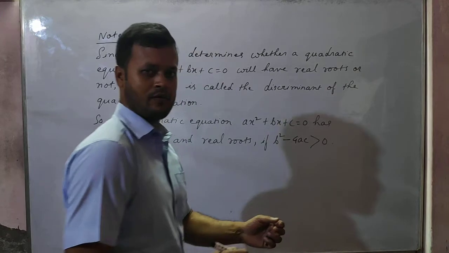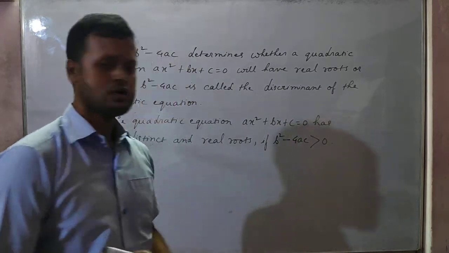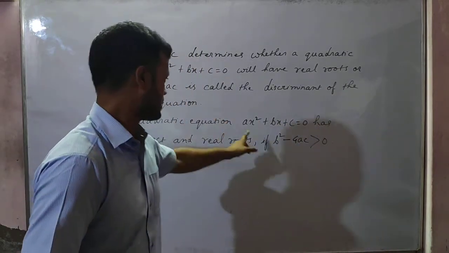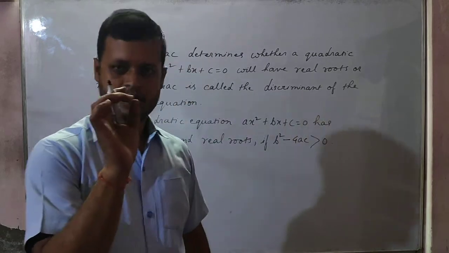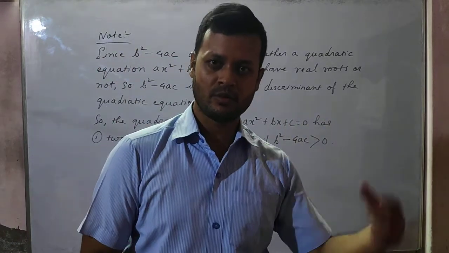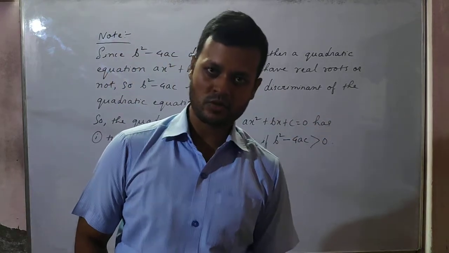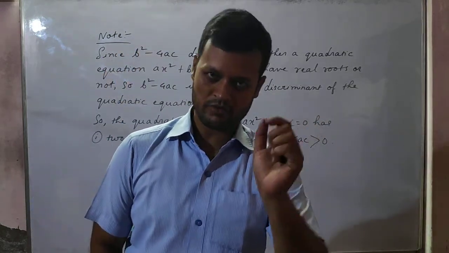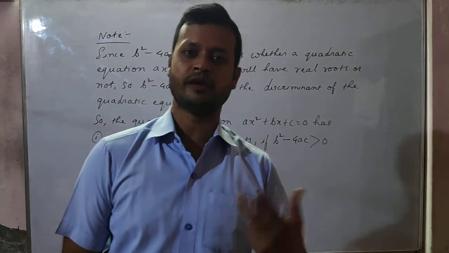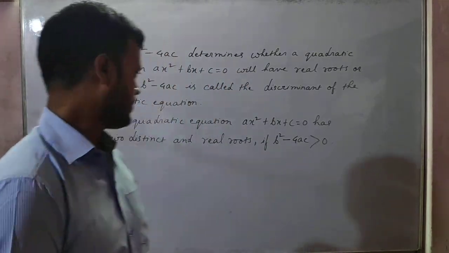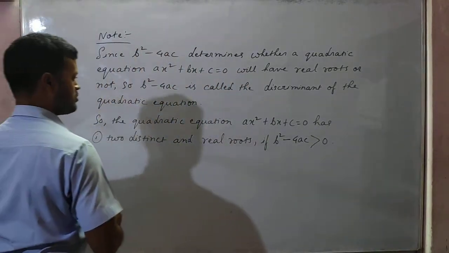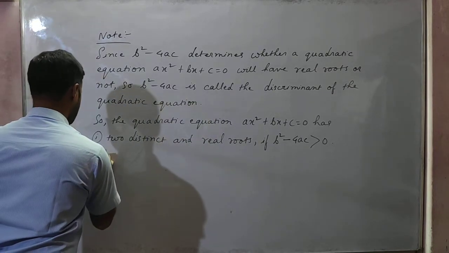Here roots, again and again I am saying the roots. Roots means nothing but the value of x here. Once we have solved the quadratic equation with many methods, with factorization, with completing the square method, with quadratic formula, we have got a value of x at the end, isn't it? Those values are only the roots. Okay. So two distinct and real roots if b square minus 4ac is greater than 0.